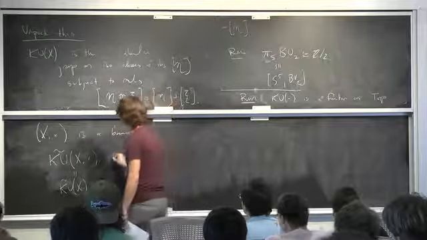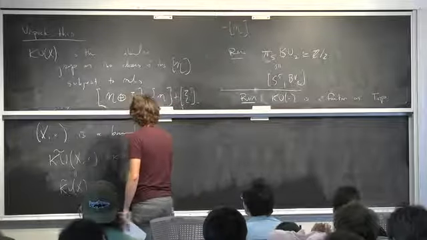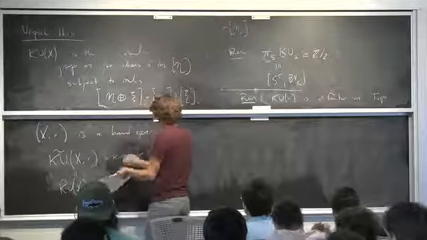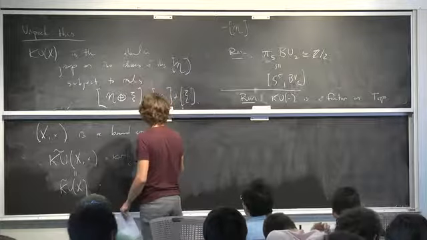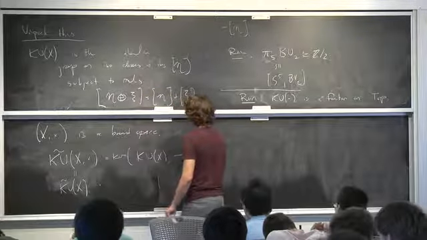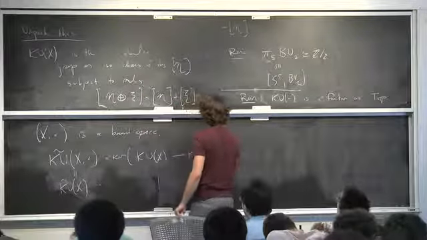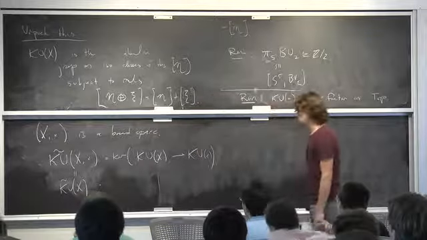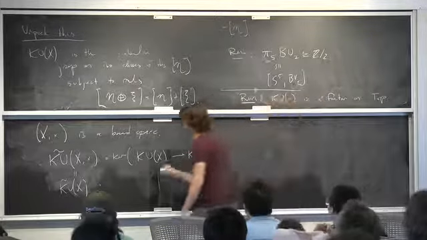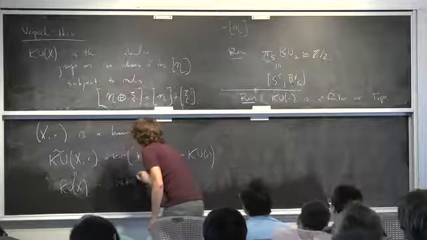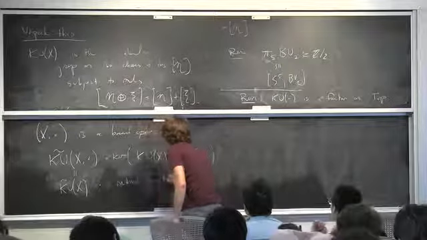This is, by definition, the kernel of the restriction to your base point map. Okay. So this is the reduced K theory, reduced complex K theory.